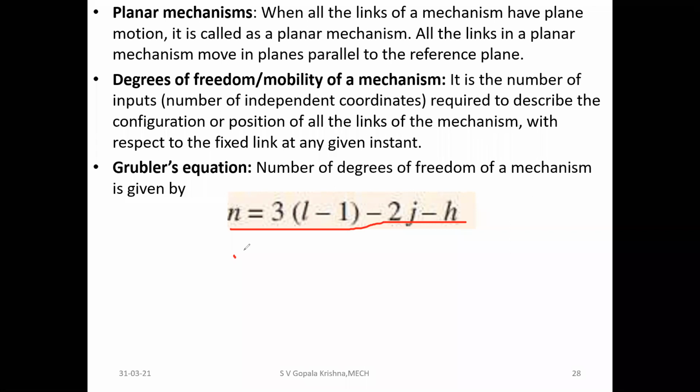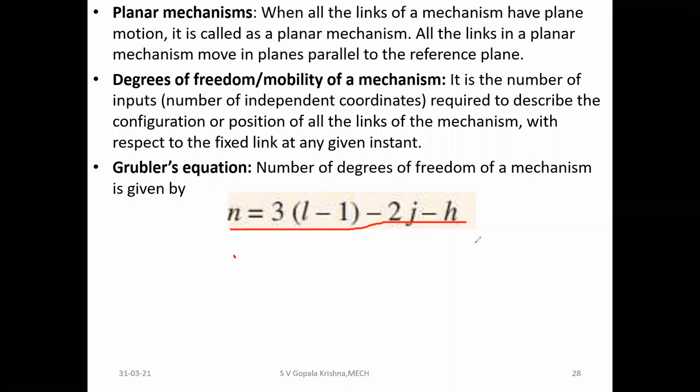That is for space mechanisms. Generally, we use only planar mechanisms, so we are only focusing on the formula n equals 3 into (L minus 1) minus 2j minus h.